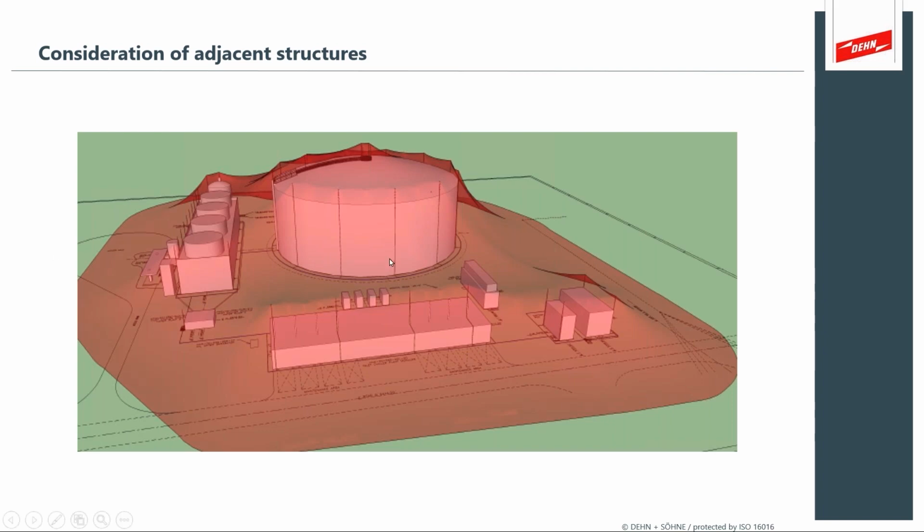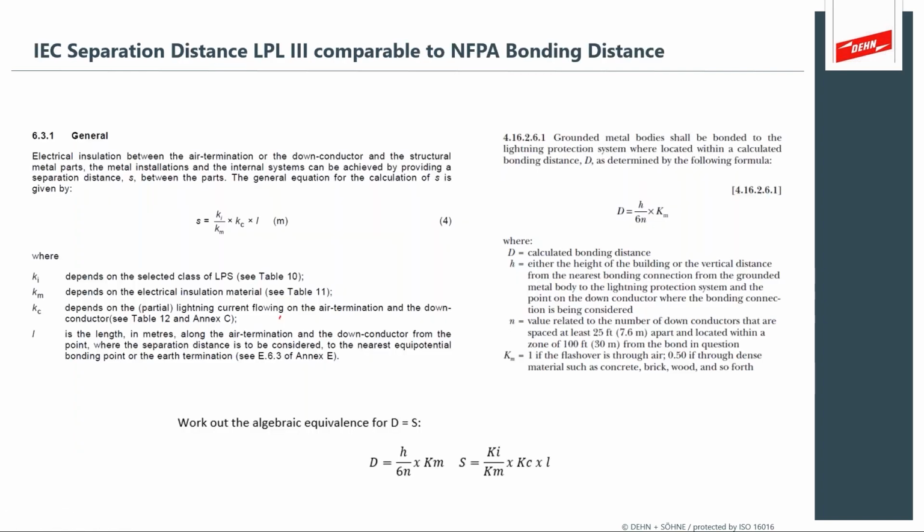So in this illustration, you see there's a small battery plant that's below and adjacent to these other taller structures. And you can see that you get the benefit of coverage from a rolling sphere calculation of that structure relative to its surroundings. And that's one of the things that really stands out about the IEC methods.